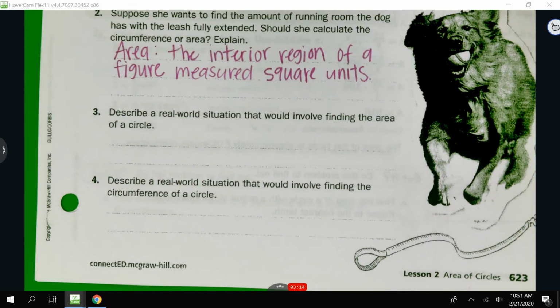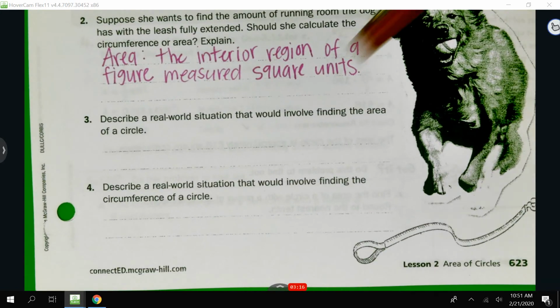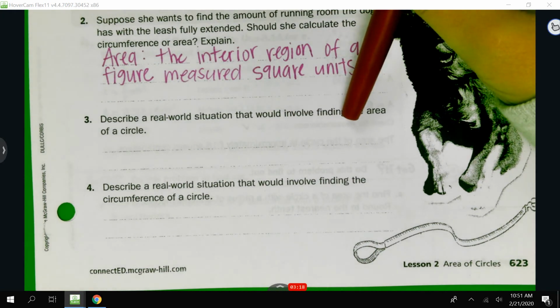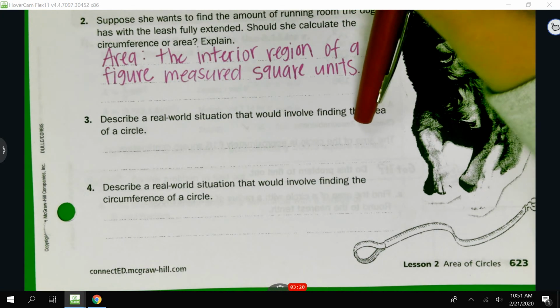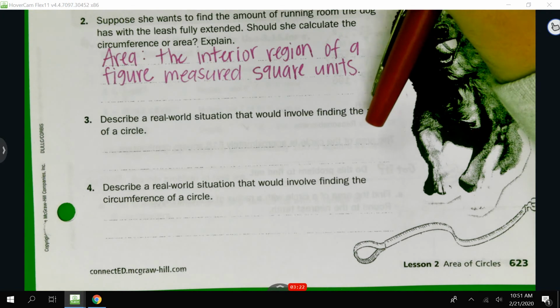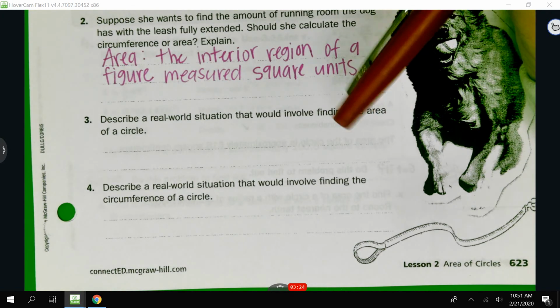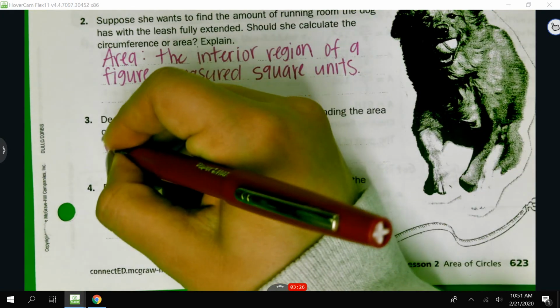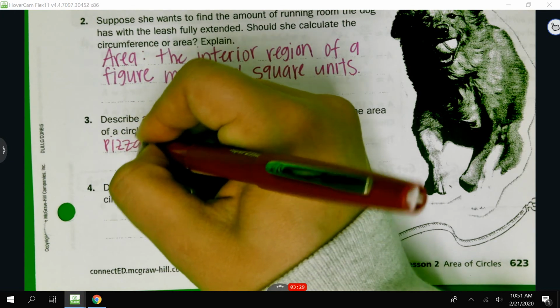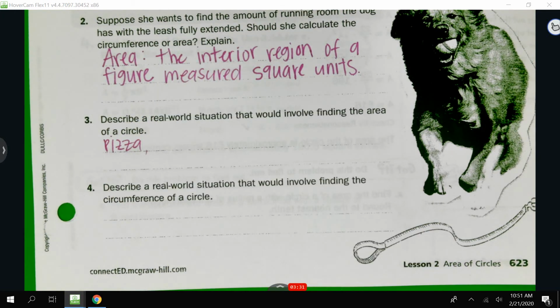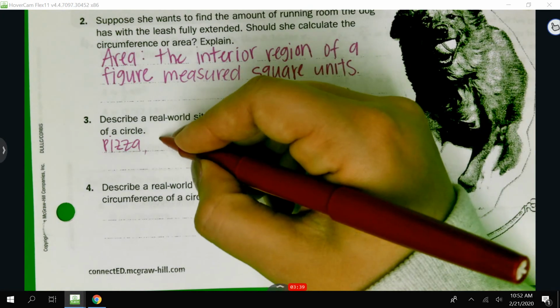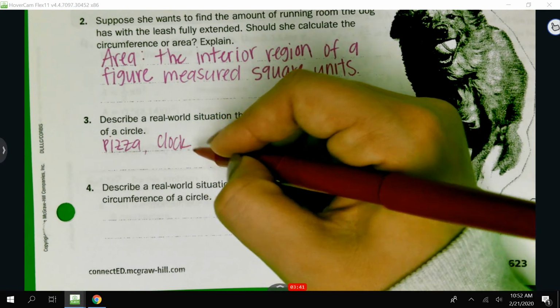So what is one thing in the real world that you would need to find the area of that's in the shape of a circle? A pizza. How much pizza are you eating? Okay. Something else? Clock. The face of the clock, right?